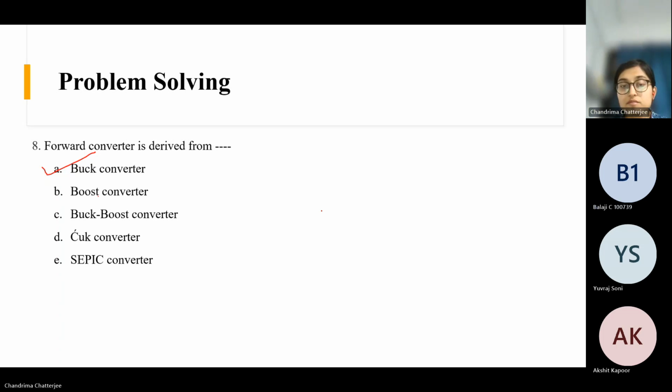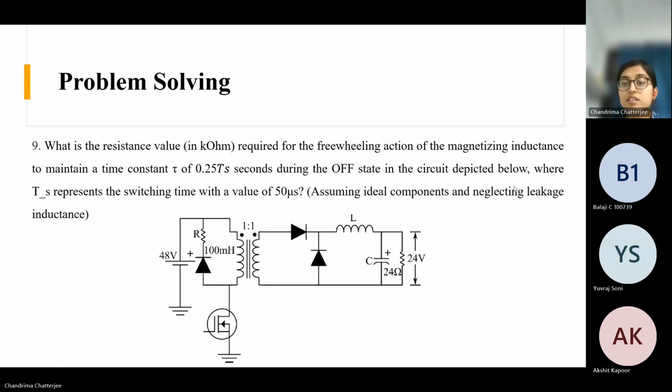Okay, let's see this question. What is the resistance value required for the freewheeling action of the magnetizing inductance to maintain a time constant of 0.25 Ts in the off state, where Ts represents the switching time and it has a value of 50 microsecond?